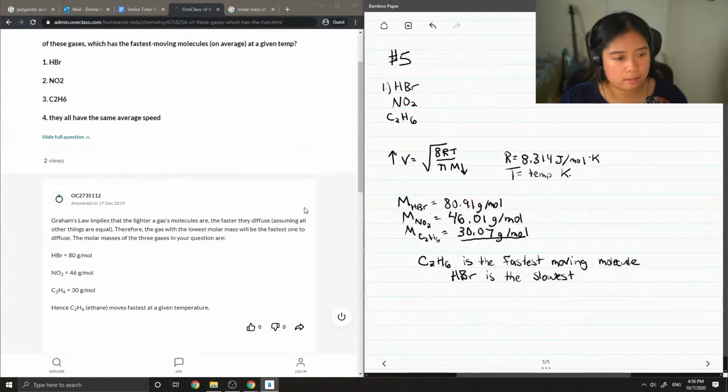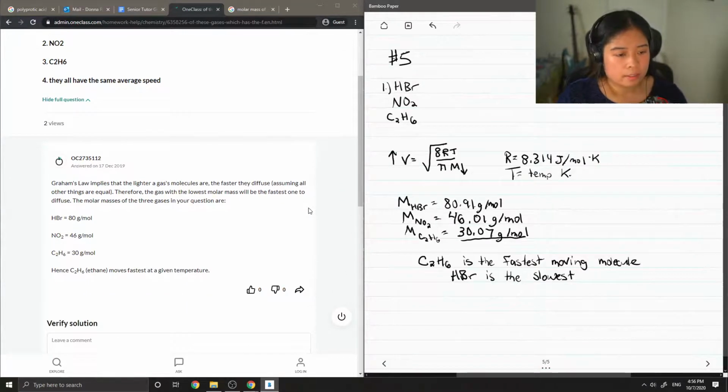Okay, so let's look at this answer. Graham's law implies that the lighter a gas's molecules are, the faster they diffuse, assuming all other things are equal. So the gas with the lowest molar mass will be the fastest one to diffuse. The molar masses of the three gases in your question are HBr, NO2, and C2H6: 80, 46, 30.